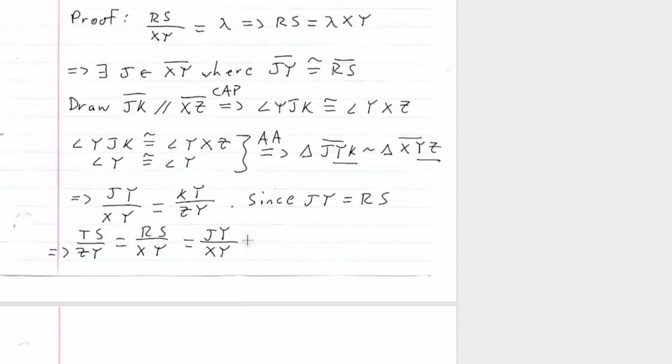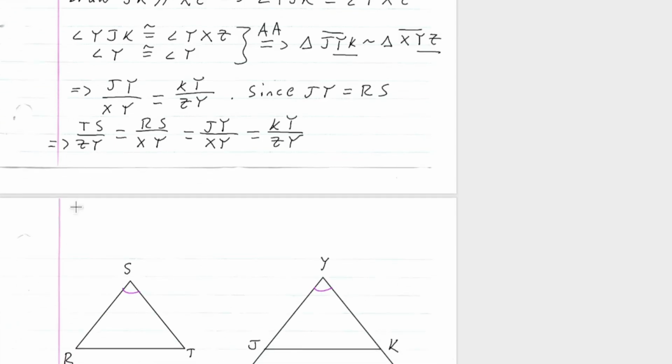And of course, JY over XY is equal to KY over ZY. All right, so hopefully you can see this implies that TS over ZY is equal to KY over ZY. And of course, this implies that TS is equal to KY, because we can multiply both sides of this equation by ZY.